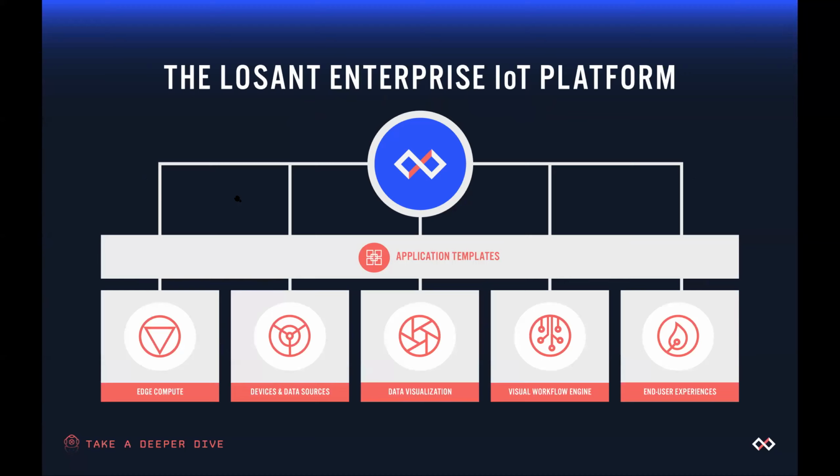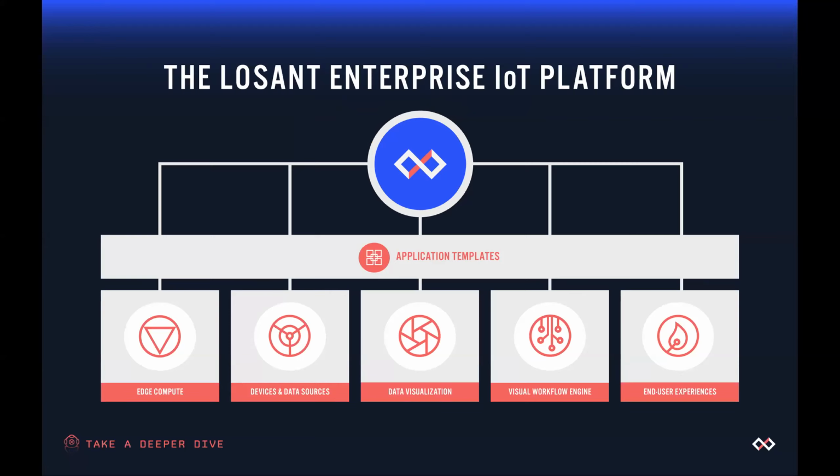Now, for all of you who just joined to learn about Losant, this is where I can explain the high level of what Losant is. Losant is an enterprise IoT platform. We like to call ourselves an application enablement platform, meaning that we give you the tools to create your own connected solutions. We like to separate them into components, but when you purchase Losant, you have access to all of these tools.